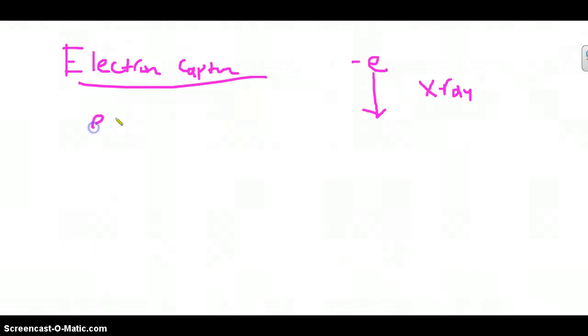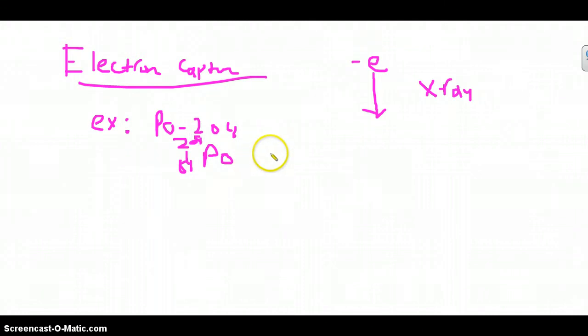In other words, let me show you an example. Polonium 204 plus an electron, this is the only time that this will be on the reactant side rather than the product side.